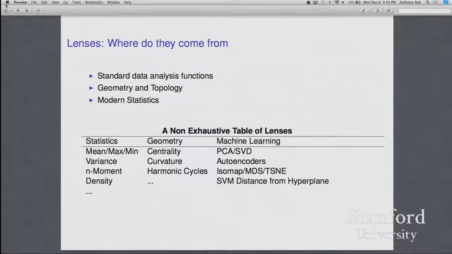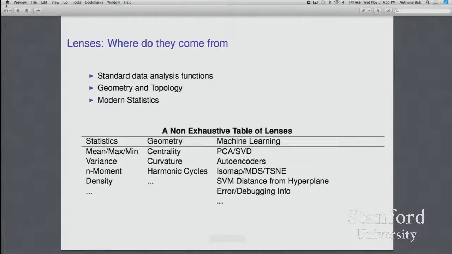You can also look at something like distance from a hyperplane in an SVM. That's a nice function. It gives a real value for a point. A very good one for us as a use case is some kind of error information about your machine learning system, because we can very quickly look for systematic errors, systematic deviations within the system.